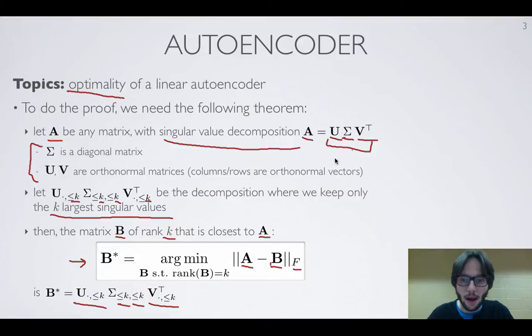So in other words, by arranging the matrix like this, it's easy to get an approximation of it that is the best possible for some given rank. We just select the part of that expression that corresponds to the k largest singular values. Okay, so this is a theorem that we won't show, but we'll use it to show the proof that a linear autoencoder is optimal.